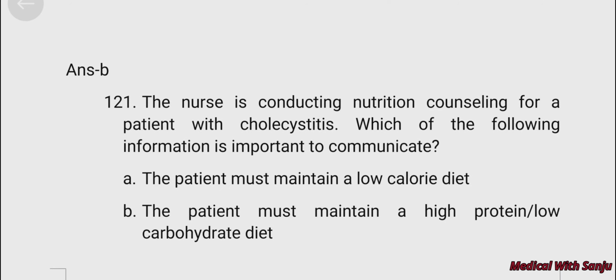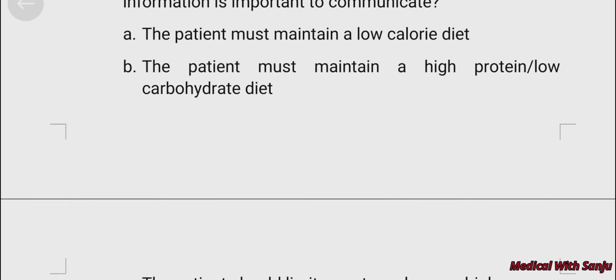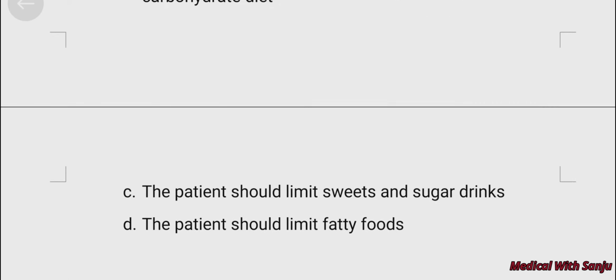Question 121. The nurse is conducting nutrition counseling for a patient with cholecystitis. Which of the following information is important to communicate? Option A. The patient must maintain a low-calorie diet. Option B. The patient must maintain a high-protein, low-carbohydrate diet. Option C. The patient should limit sweet and sugary drinks.